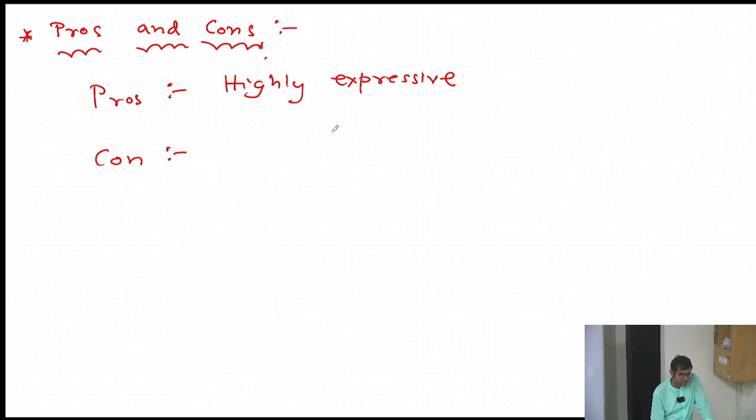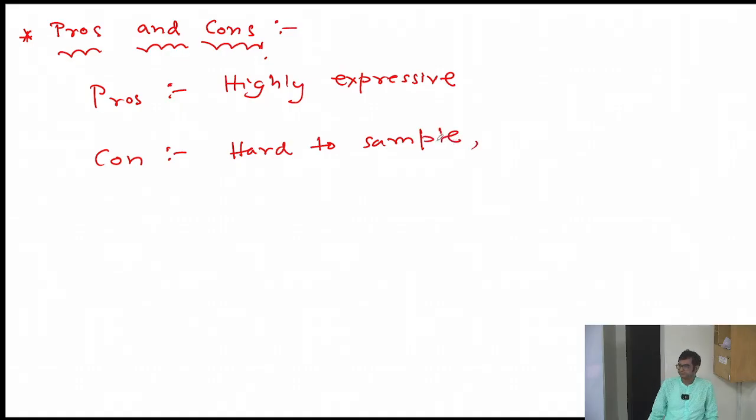So the first con is hard to sample. But the good thing is that many distributions actually belong to that. So that's the reason it is interesting.